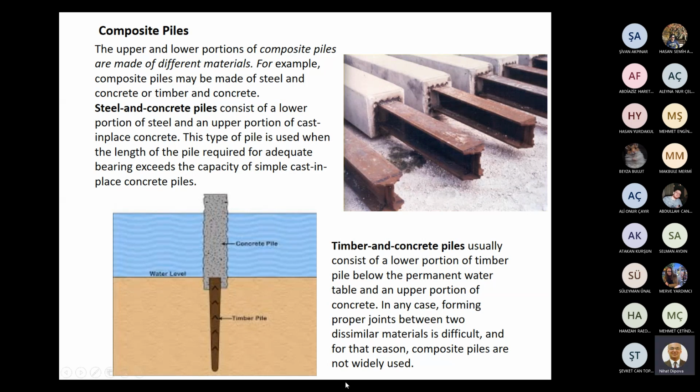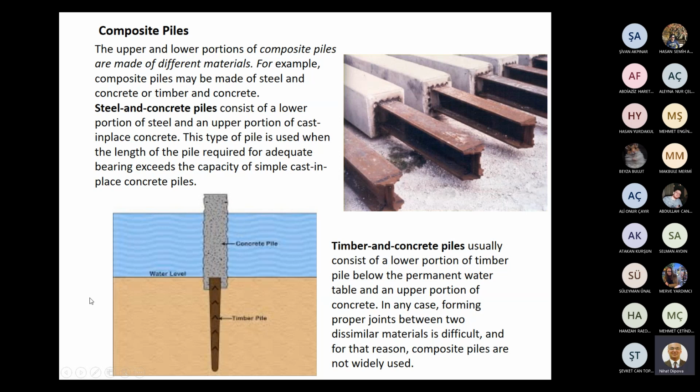For example, composite piles may be made of steel and concrete, as shown in the figure, the upper portion is concrete and the lower portion is steel. And concrete and timber, as shown in the below figure, timber piles followed by concrete pile.